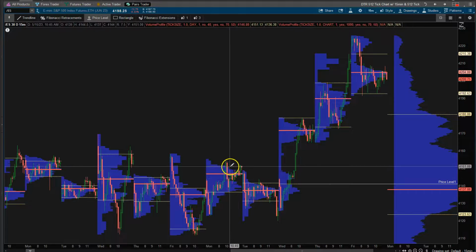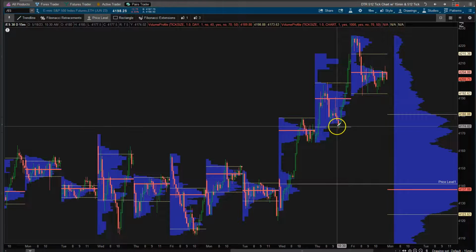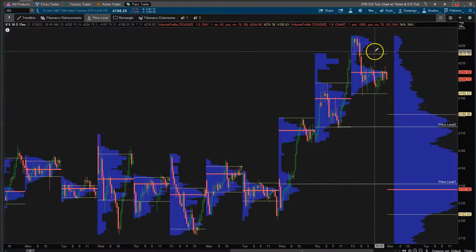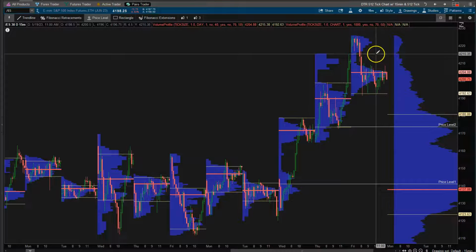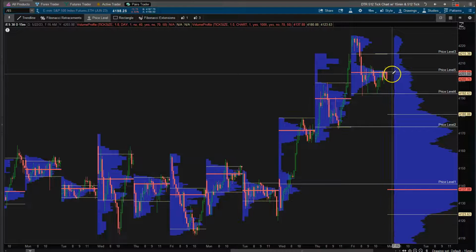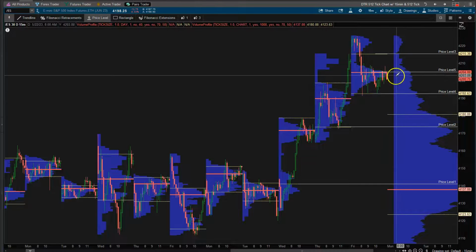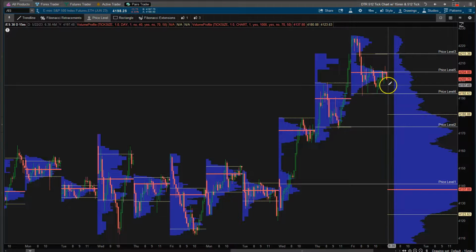This one has, because it got tested here, right? All these have been tested, but this one hasn't. As of this day, this one hasn't. This one hasn't. And also, the point of control hasn't, because we closed here. And so the next day we're either going to go up, down, open right where we're at, and then we'll either work our way up or down, right?